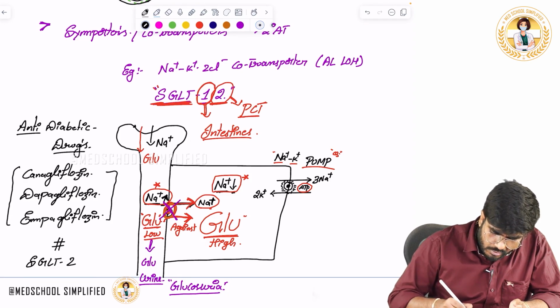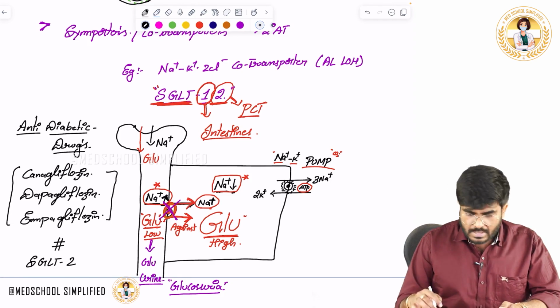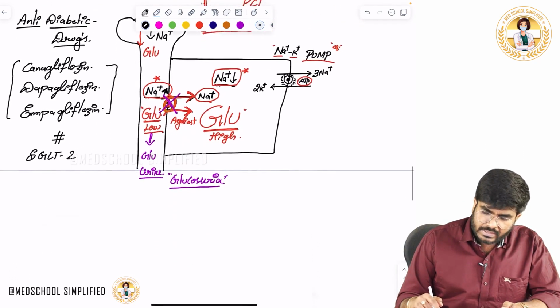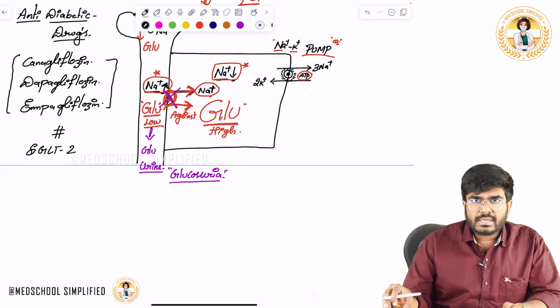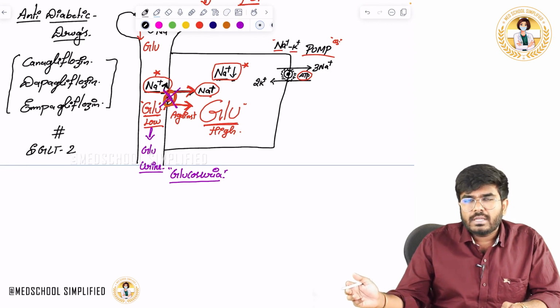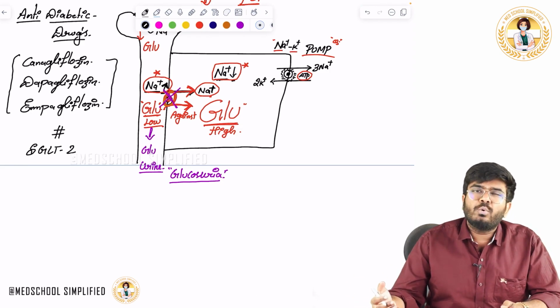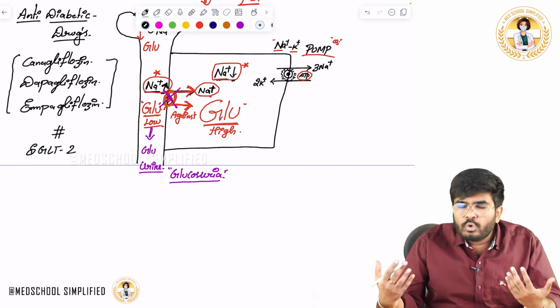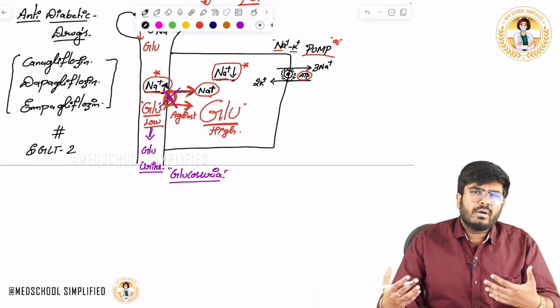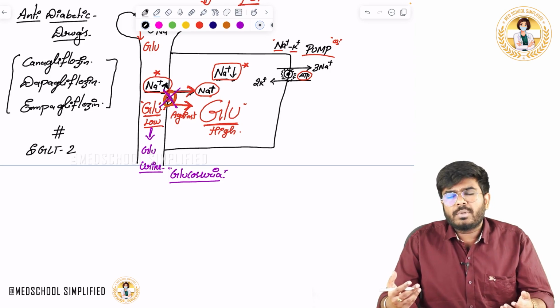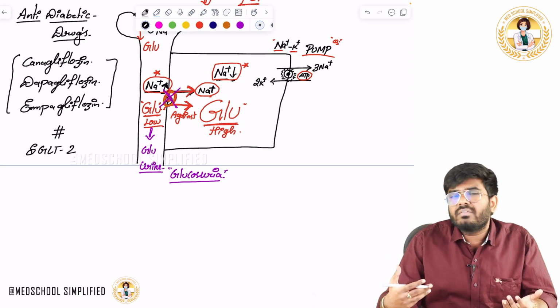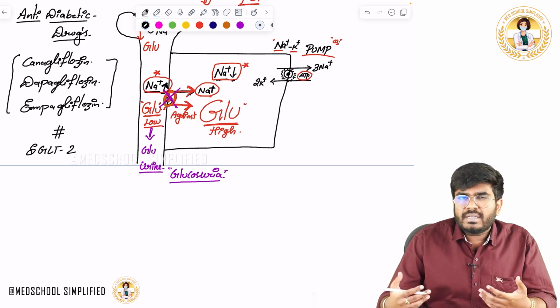Okay, so they are glucosurics. Glucose is going out, and it goes through the urinary tract. A diabetic patient already has immunosuppression, so their immune activity will be less, and there is a chance that they will get recurrent infections.